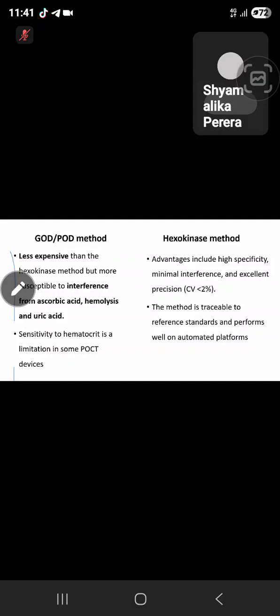If you are using glucometers for the analysis, it will be affected by the patient's PCV values, hematocrit. And hexokinase is a very traceable standard method. You can trace the references for this hexokinase method, and it's better with the automated system.